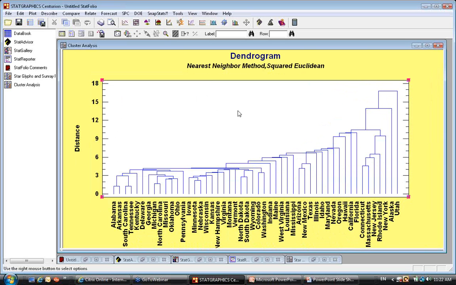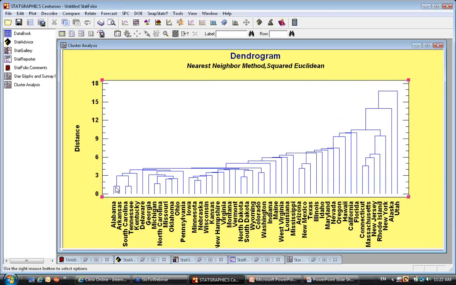Now, the way you read this is look over here on the left. The first two states that are shown on the left are Alabama and Arkansas. Those two were grouped together at a distance of a little over 1, meaning those two states were put together very early. I think that was probably the first combination.